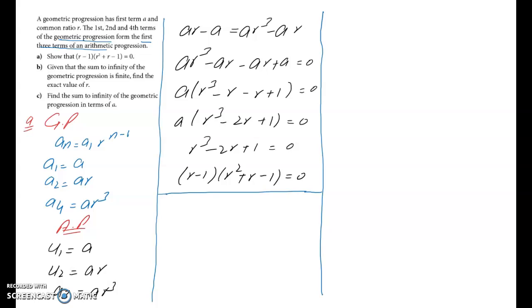So from here, if we look at the B part, it says given that the sum to infinity of the geometric progression is finite, find the exact value of r. By definition, the absolute value of r is less than 1, so that means r should be greater than -1 and less than 1.